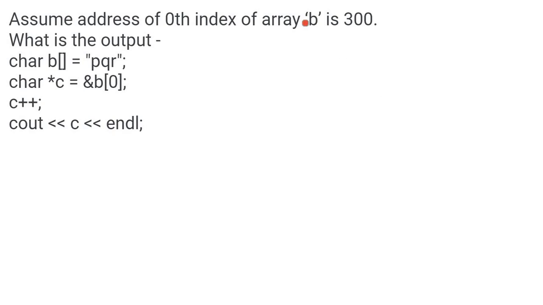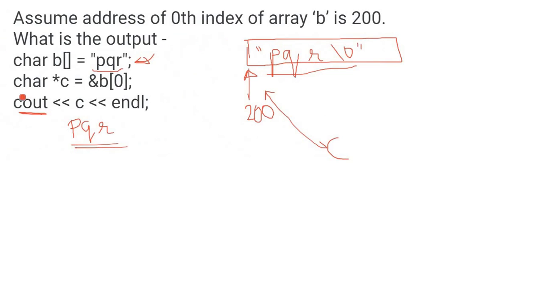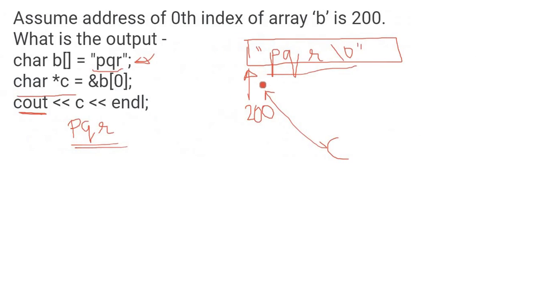Next question. The address of the 0th index of B is 300. What is the output for this? Now there is a difference. In the previous case we had not incremented our pointer, but in this case we have incremented the pointer. C would initially be pointing to this, so after incrementing it will move to the next memory address.